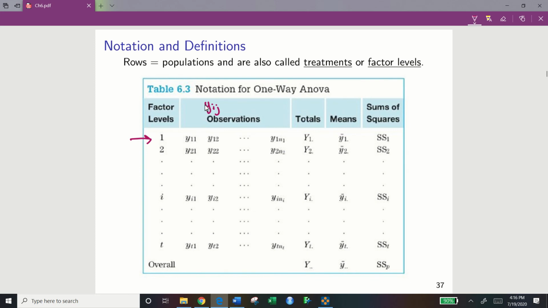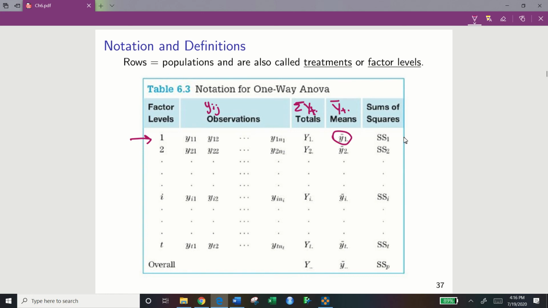For our factor level total, which is that summation of our factor level t. For the means, it would be denoted as y bar, whatever our factor level I, and then our sum of squares.